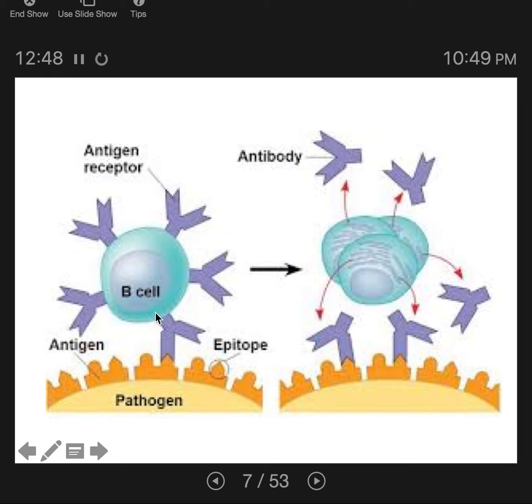So here's a B cell, one of your white blood cells, and it's producing antibodies. These little Y-shaped purple things, those are antibodies. Those are the weapons produced by the B cell. So the B cell is producing antibodies to fight the pathogen, and they bind to the epitope, which is on the antigen, which is on the pathogen.